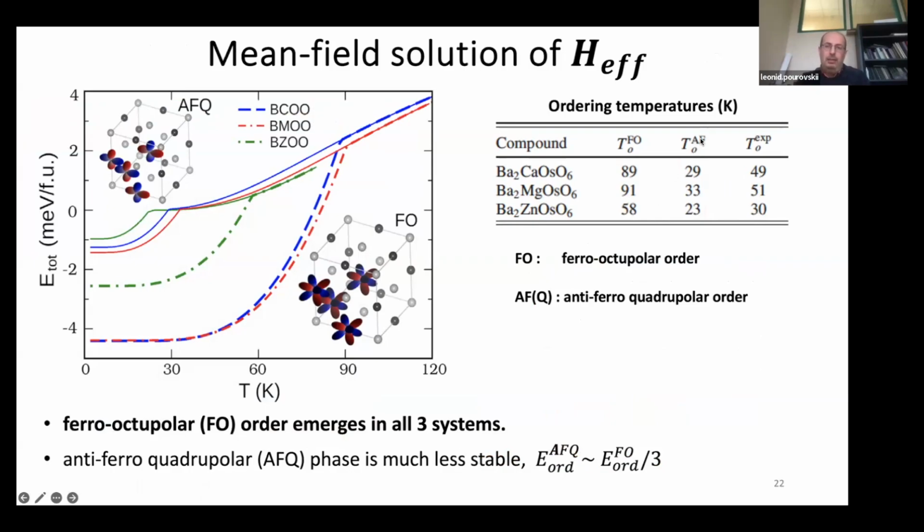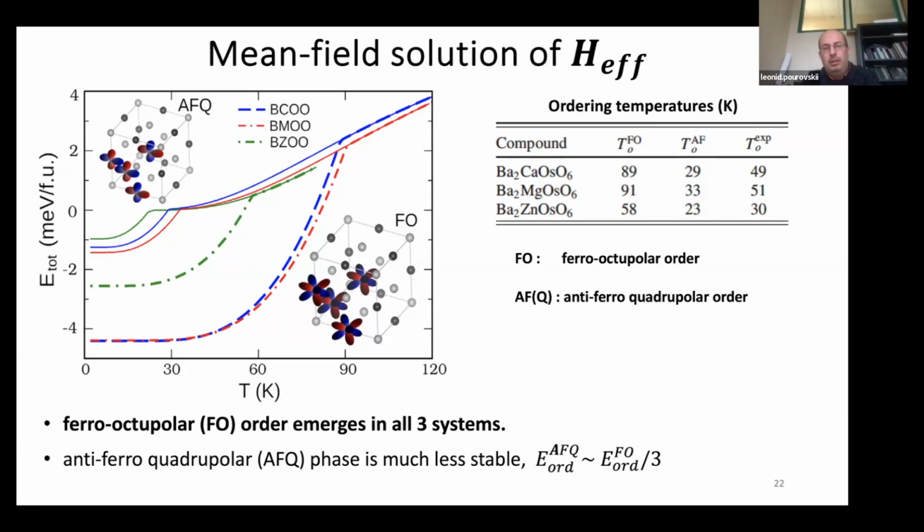And the competing phase, which one can obtain by setting to zero this leading octupolar coupling, also appears. This is an antiferro quadrupolar phase, but it has approximately 3 times smaller transition temperature and 3 times smaller ordering energy. So these calculations predict that the ferro-octupolar phase, which is sketched here, will basically be the actual order in these compounds.